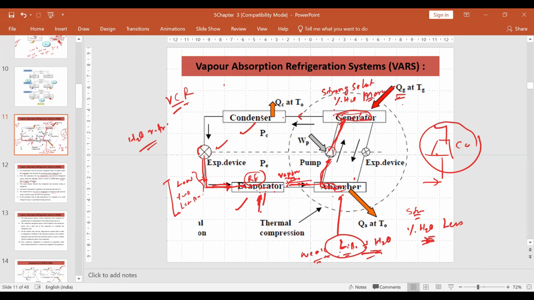In the generator, we apply heat externally. As a result, what happens? From this strong solution, water boils, water vapor. Now this water vapor enters here.